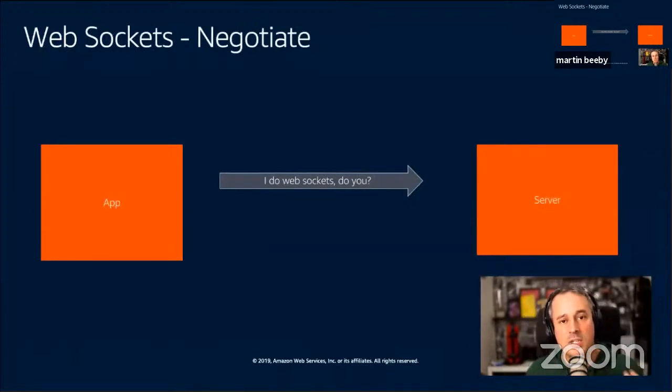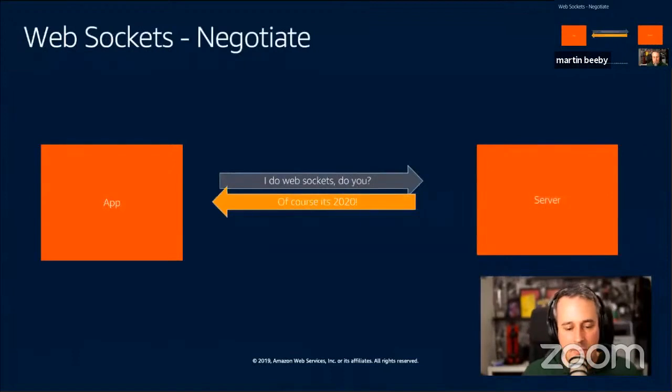And the way that it works is that the browser will send a request over to a server and ask the server if it's capable of doing WebSockets. Of course, it's 2020. Most servers can do WebSockets, but some can't. So older versions of IIS, older versions of web servers might not have the capability.